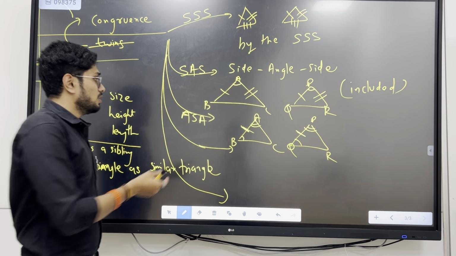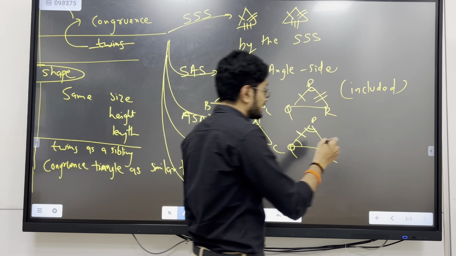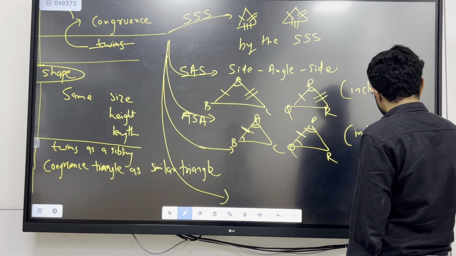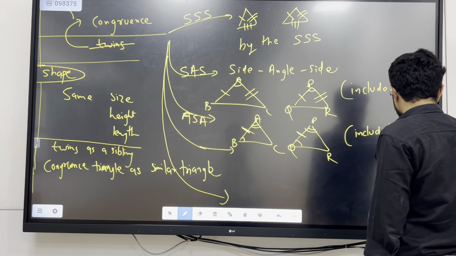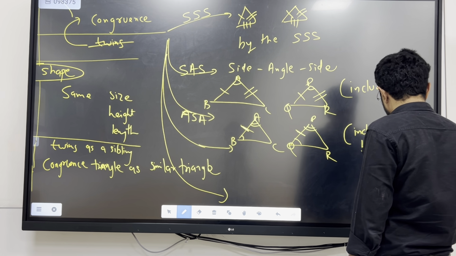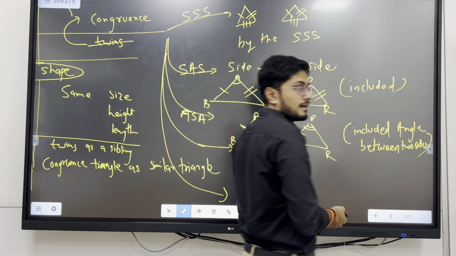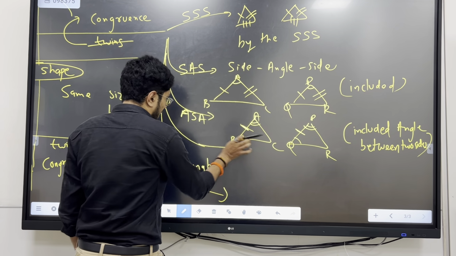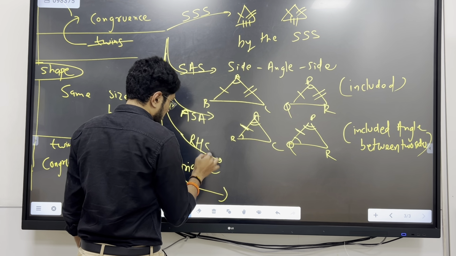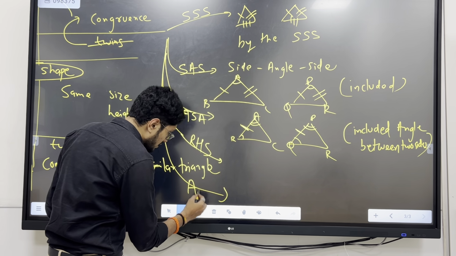We need to consider the included side between the two angles. Then the RHS, right angle hypotenuse side, as well as the last one, AAS.